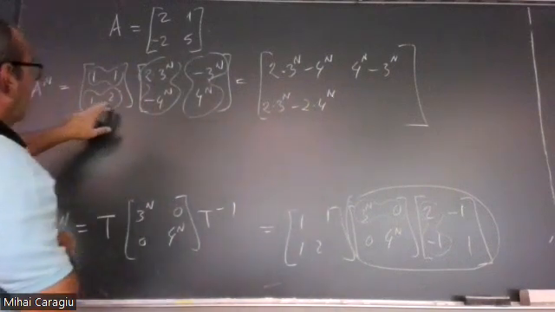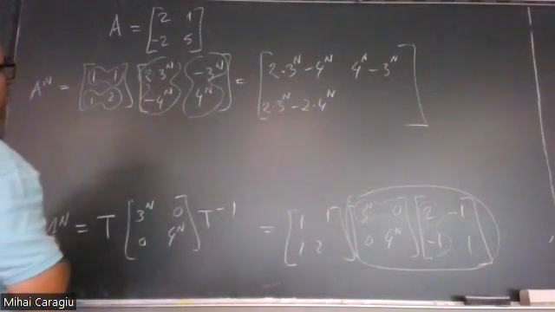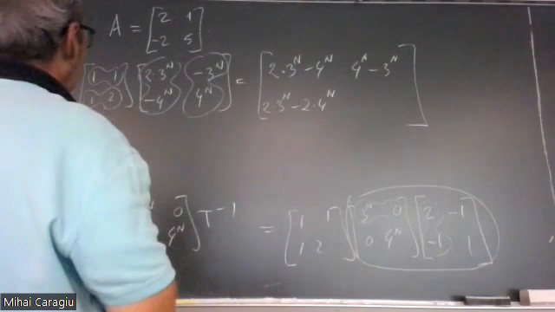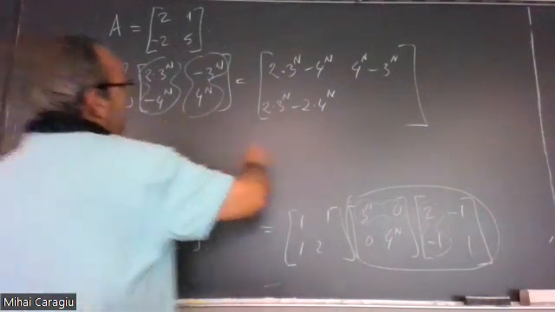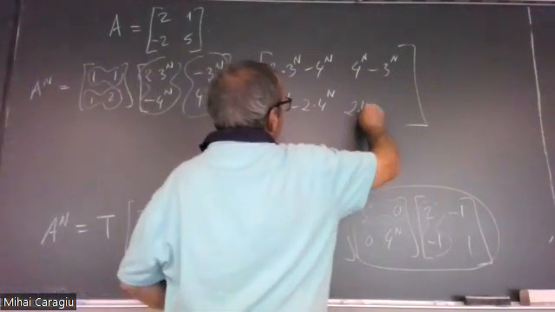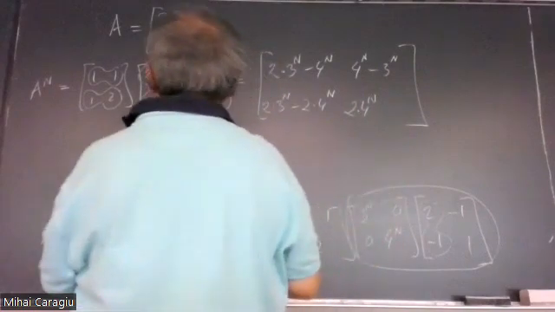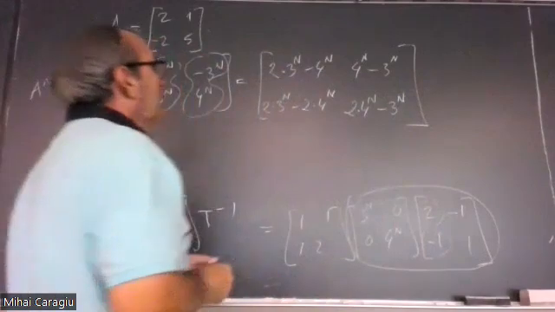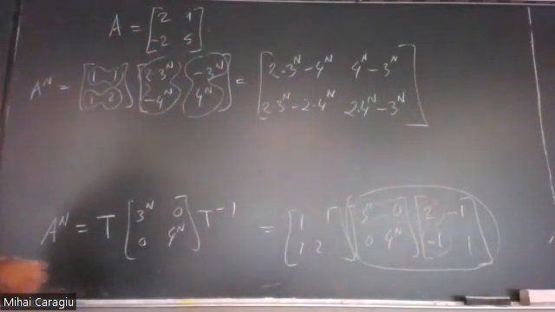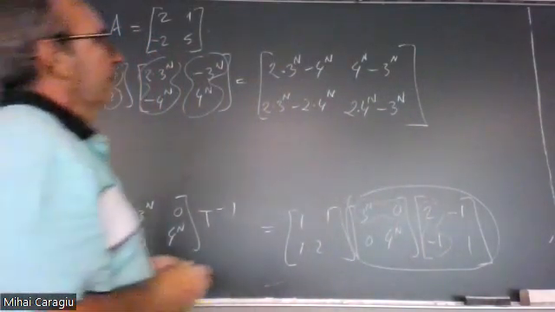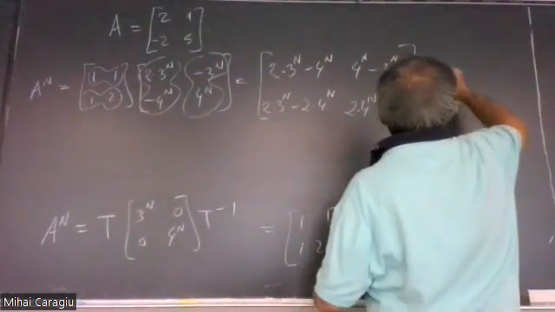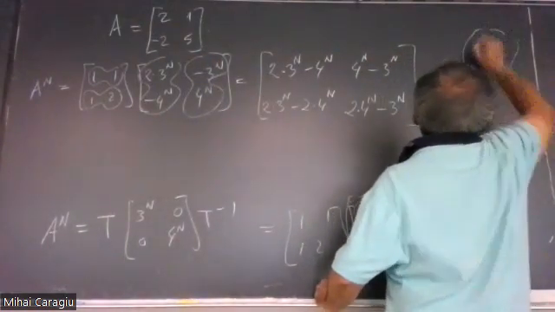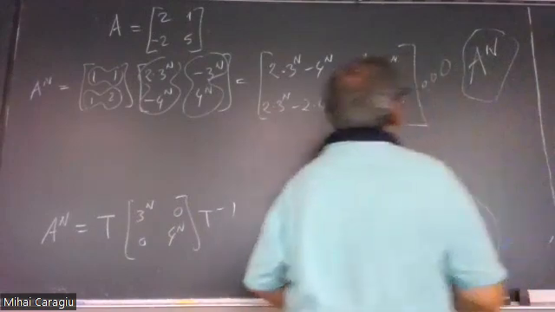Second row, second column: 2 times 4 to the power n minus 3 to the power n. And that's the answer, the explicit formula for A to the power n.